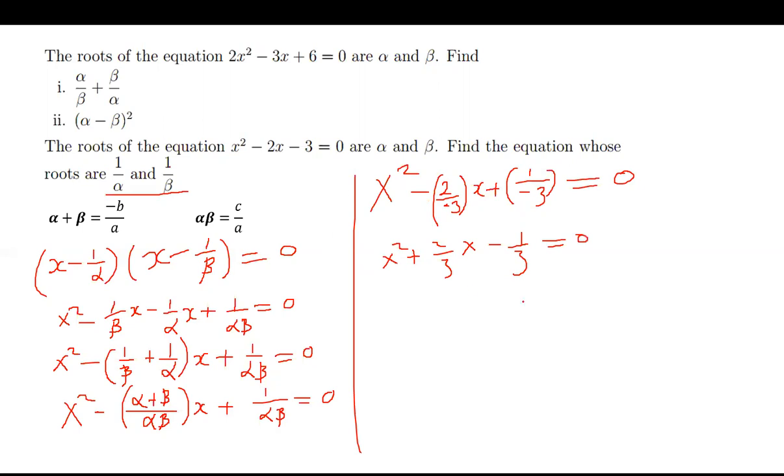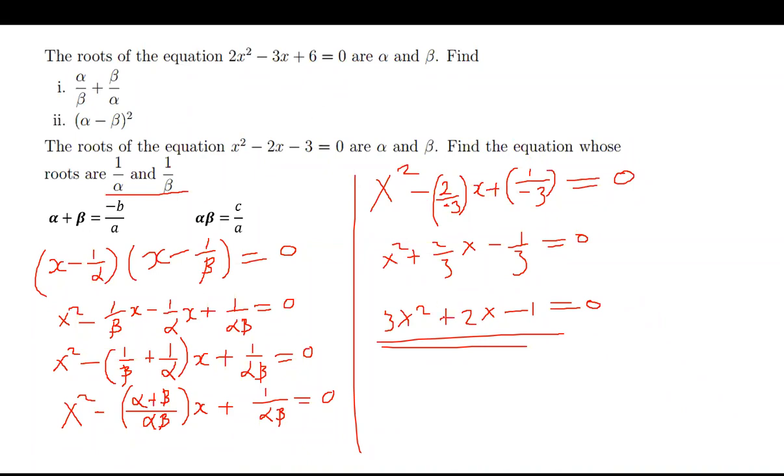If you want, you can multiply through by 3 to simplify it, meaning it will be 3x squared plus 2x minus 1 being equal to 0. So this is basically the equation they wanted according to this question.